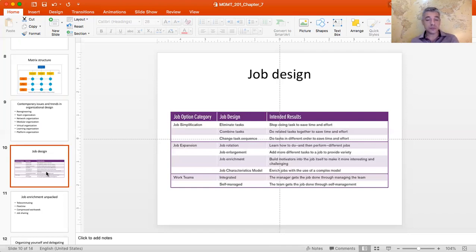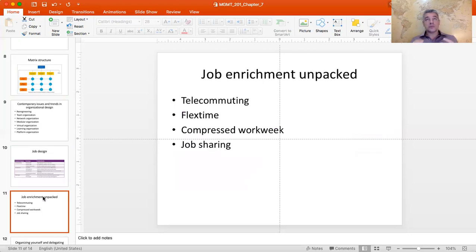And job enrichment is something that companies started thinking about fairly recently. It is basically whatever you can do to redesign the job to make it more meaningful, more valuable to the employees.